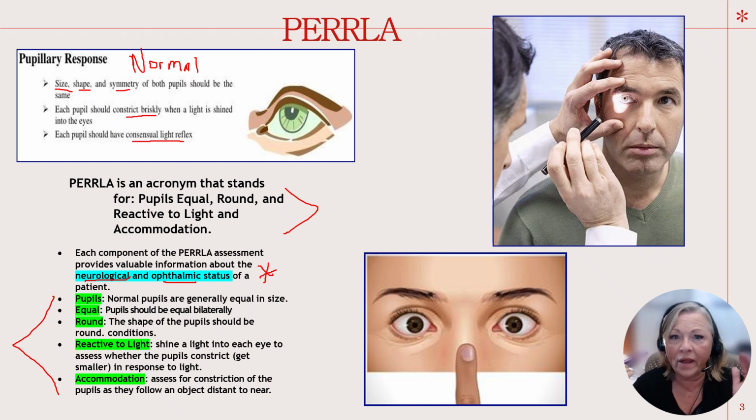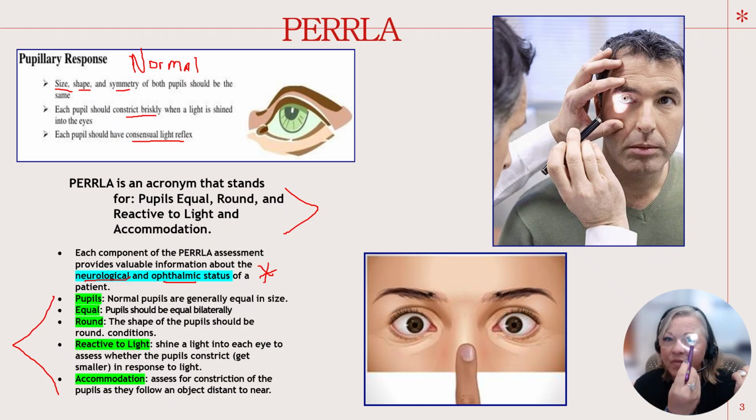And so when you're looking, you're not just looking to see, are they constricting equally? What size are they constricting down to? Are they bilaterally equal? And is consensual light reflex present? Okay, so when I flash the light here, is this constricting? And you guys are going to do it to each other, and when you see it, you're going to go, for heaven's sake, right?